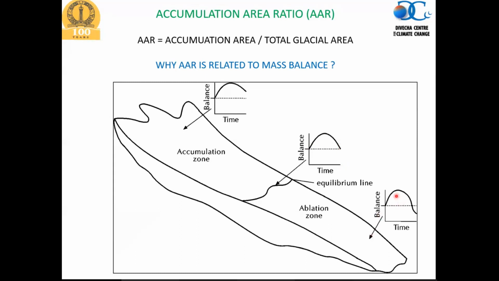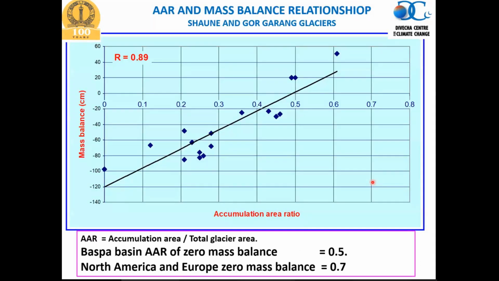And in the ablation area, total ablation is higher than total accumulation. That is how they are linked with each other, and therefore it is possible for us to do that. So if you convert AAR into mass balance, you require some relationship between the accumulation area ratio and mass balance.